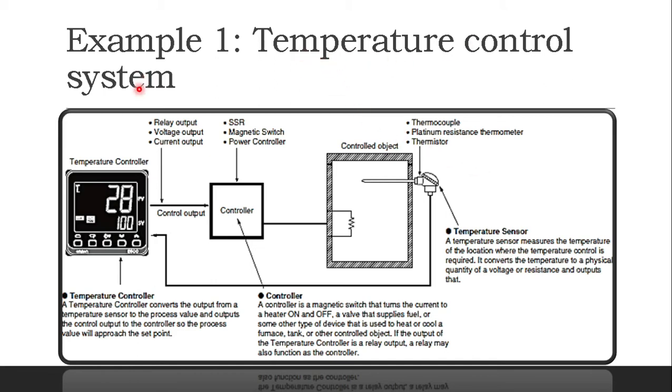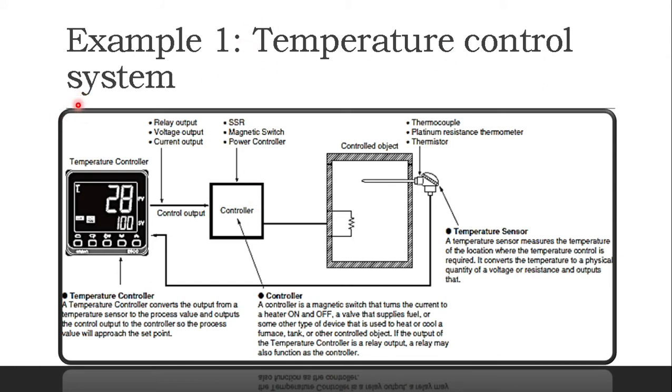Here you can see the temperature control system and the different equipment. This is the temperature controller, and here is the controlled object where we are measuring. You can see the temperature sensor, and the function of each item is mentioned in the figure. We are not going to read out every one, but let me clarify how the temperature control system generally works.